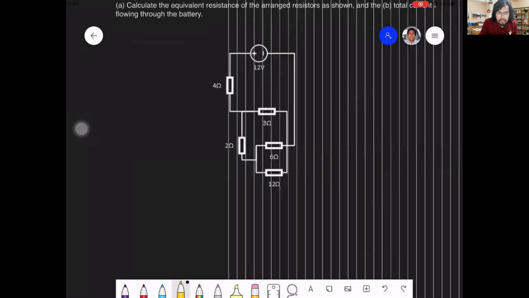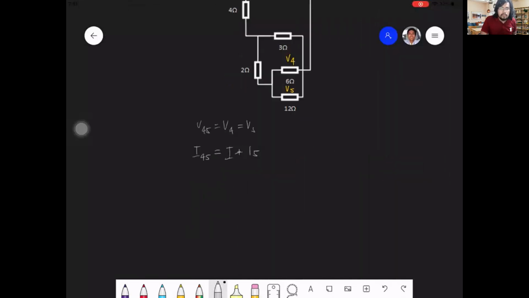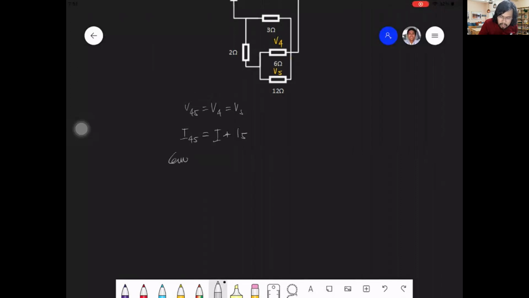We know that this is V4 and this is V5. V45 equals each other, and we have I45 equals I4 plus I5, given that I45 equals V45 over R45.